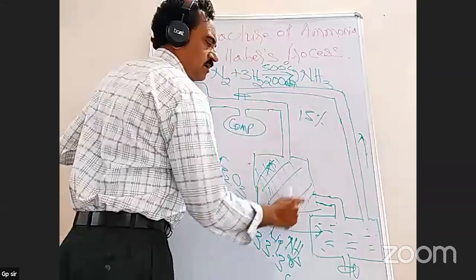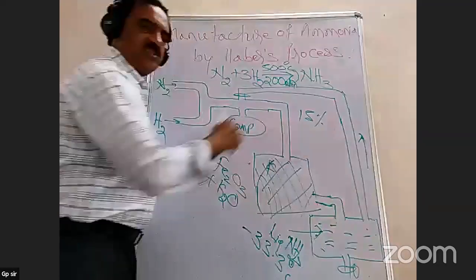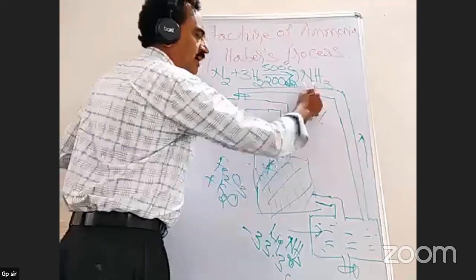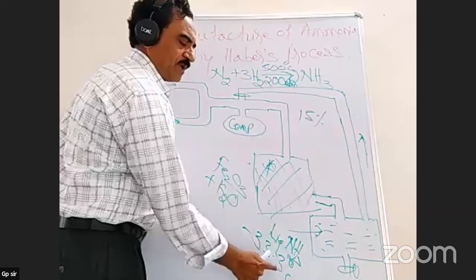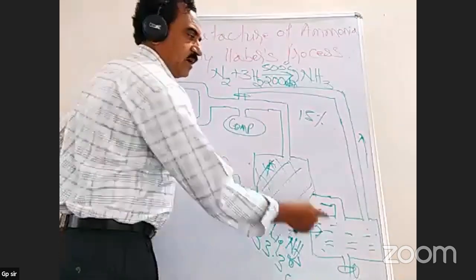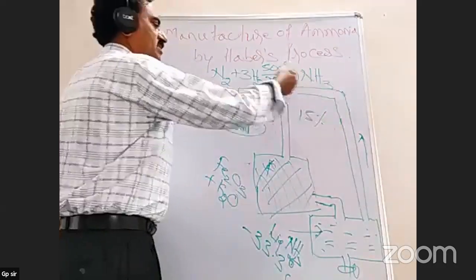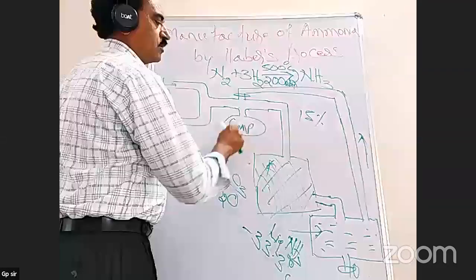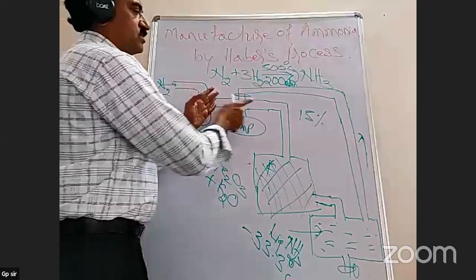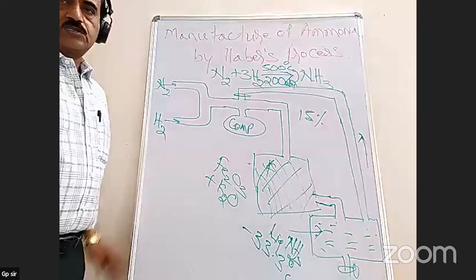That ammonia, along with the unreacted gases, is now passed into the freezing chamber where ammonia condenses into liquid at -33.3 degrees Celsius and is taken out. The unreacted nitrogen and hydrogen are recycled, compressed again, and then passed to the reaction chamber.